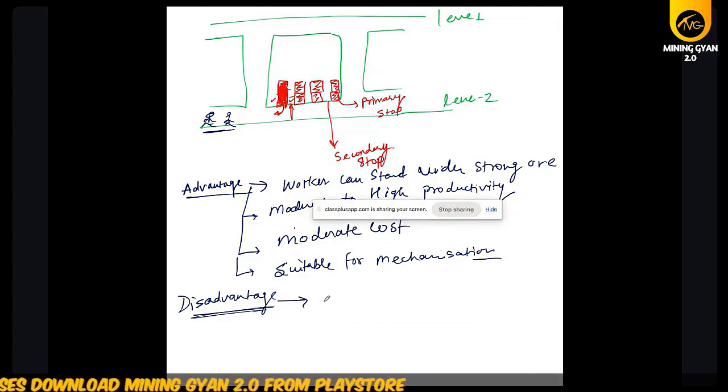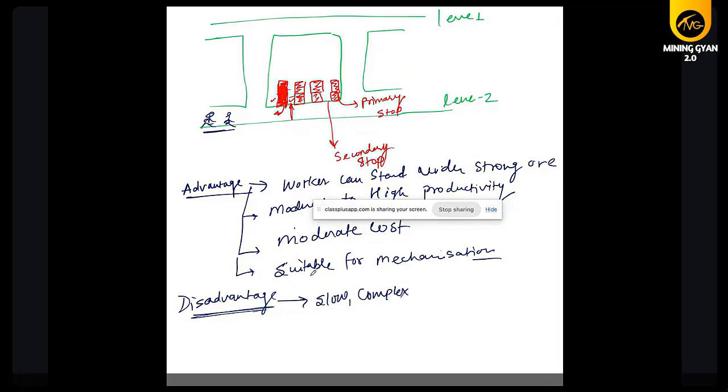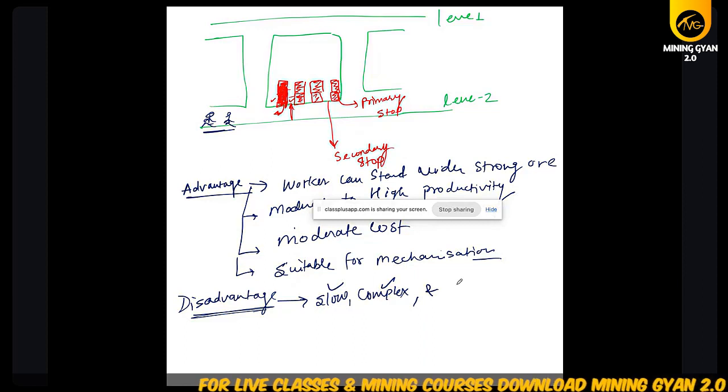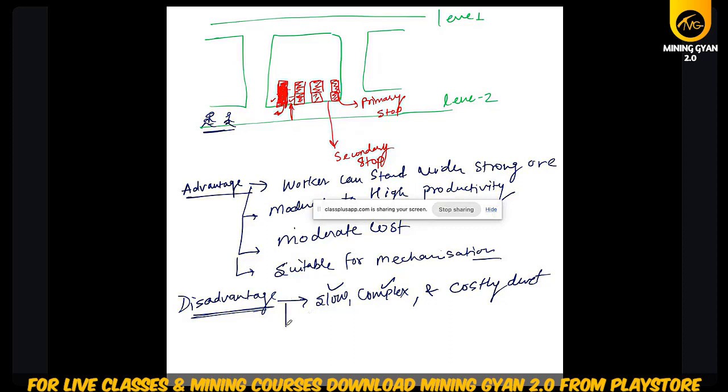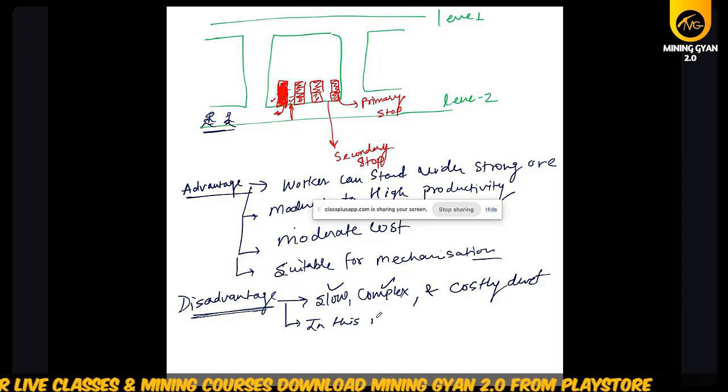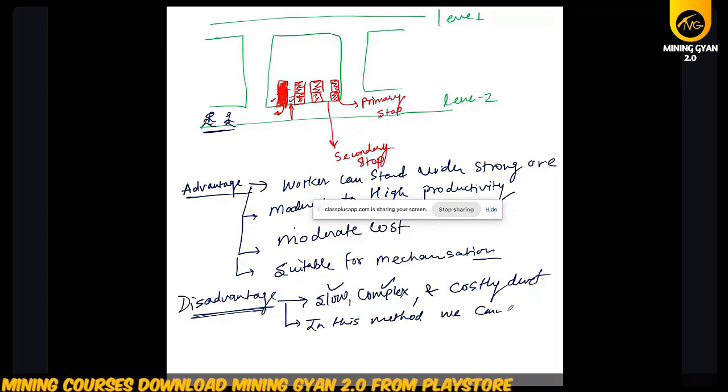This method is a little bit slow, complex also, because we have to extract then backfill. So the method is slow, complex, and costly. Costly development process. Development process is costly, and in this method we cannot do selective mining.